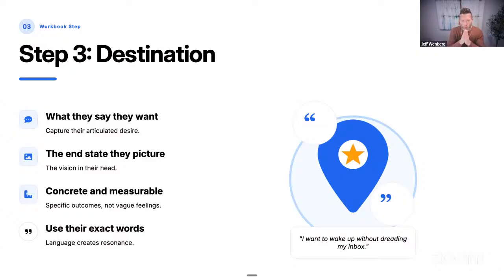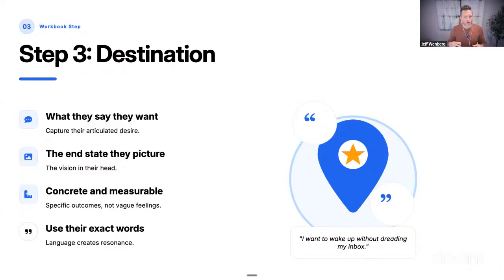And so I have to say, well, what do they say they want, to clarify it? I don't care what you as the expert think, or I should say your audience doesn't care what you as the expert think they want. What do they know they want? That's what we need to put here.